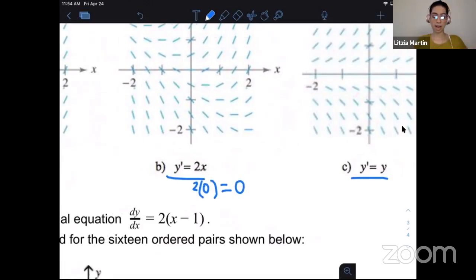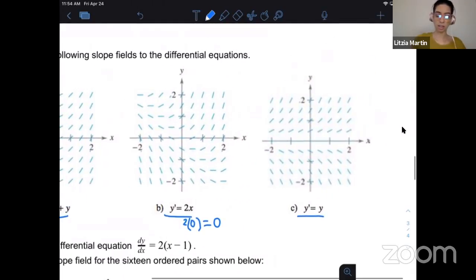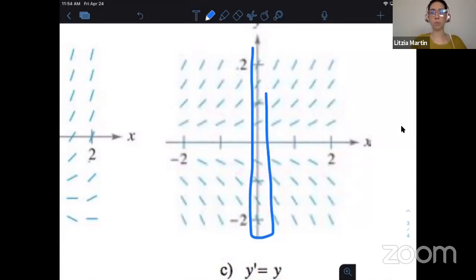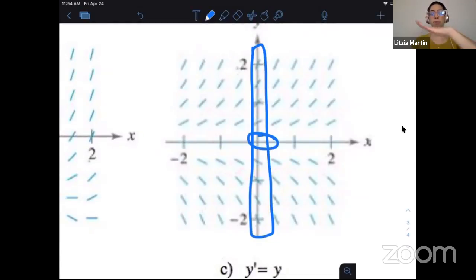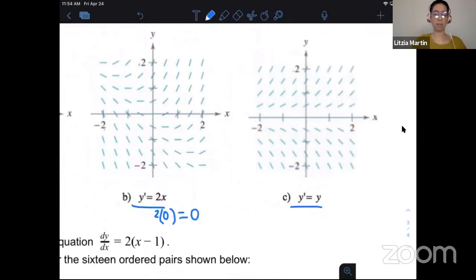So if I look at these graphs here, starting here and looking at when x is equal to 0, are all of those slopes 0? No. We have one slope of 0 here, but then it's growing and then decreasing. So this would not work out for us for B.